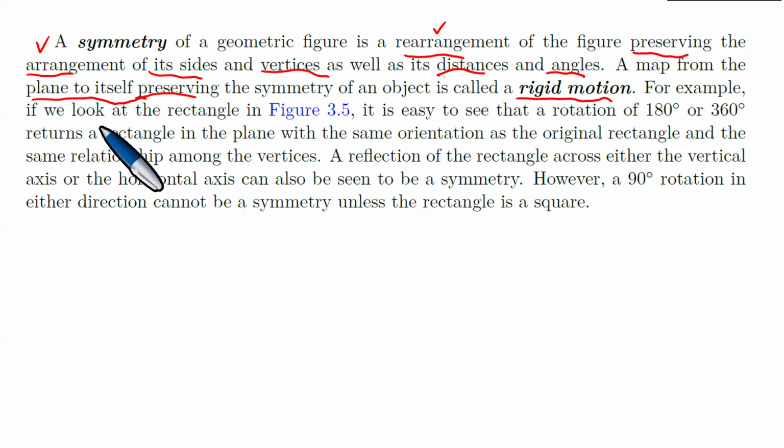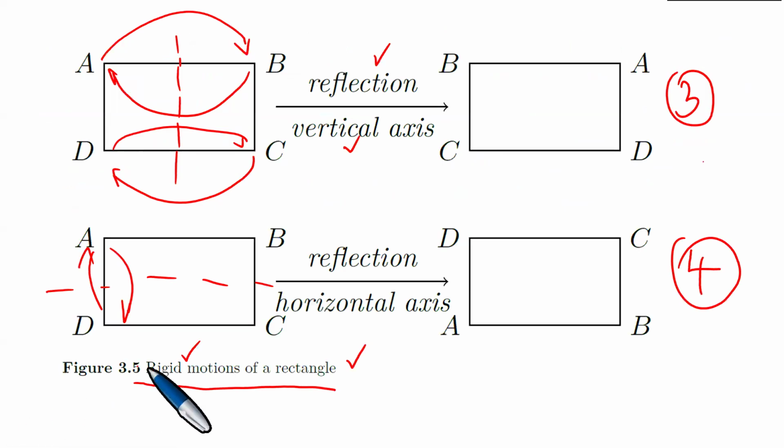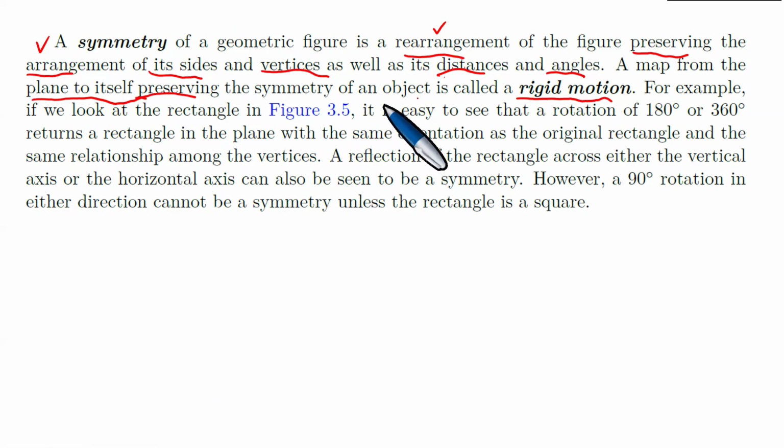For example, we're looking at the rectangle in figure 3.5, the one we just looked at here. It is easy to see that a rotation of 180 degrees or 360 degrees returns a rectangle in the plane with the same orientation as the original rectangle and the same relationship among the vertices.